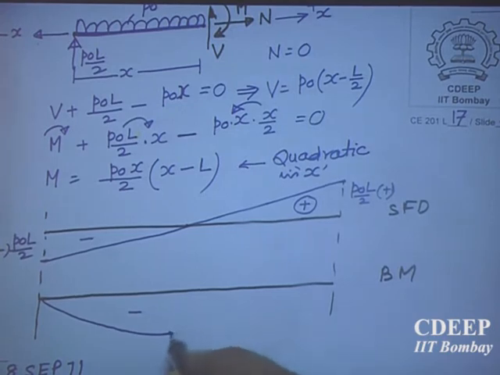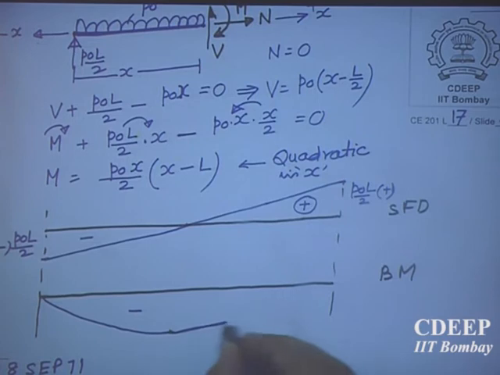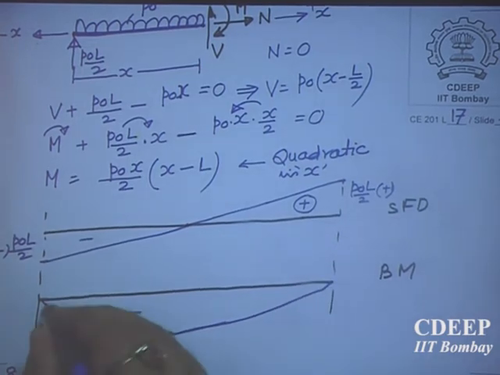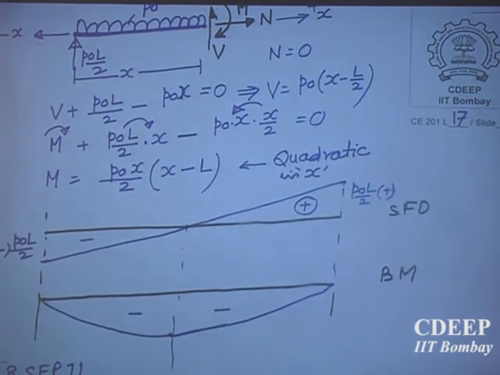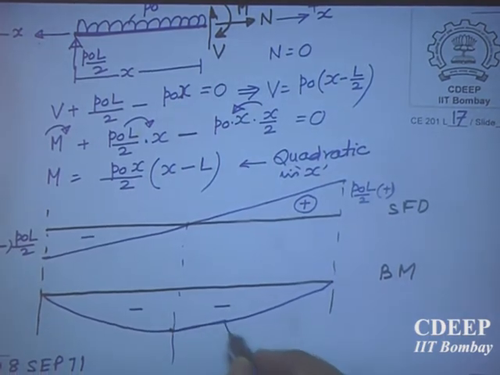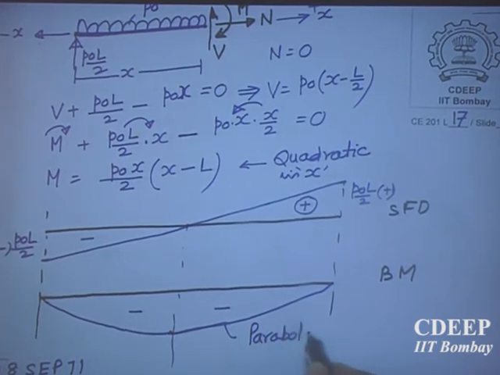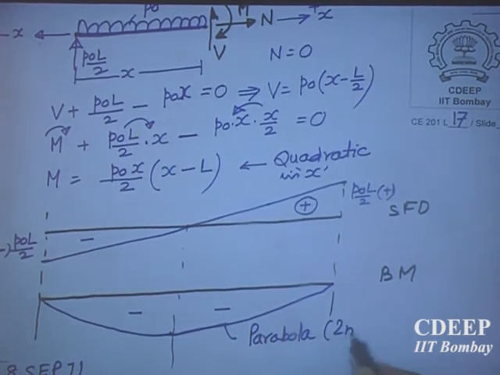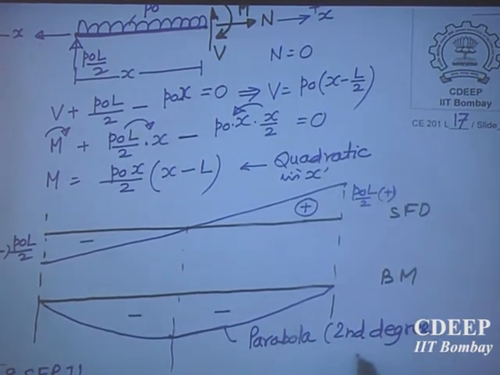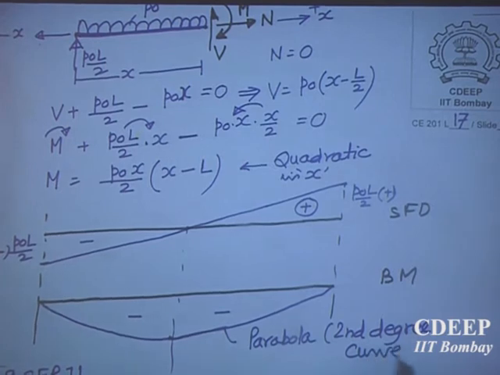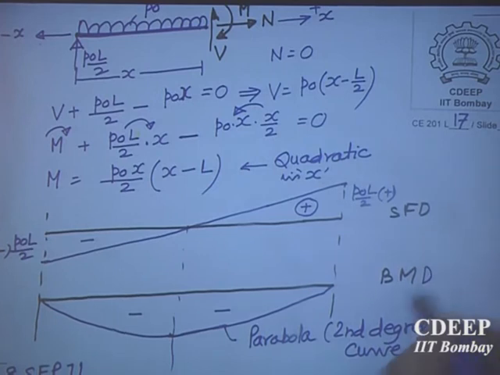So it just comes down like this. So it is symmetrical about this center. Symmetrical. This is parabola. Second degree curve. So this is your BMD.